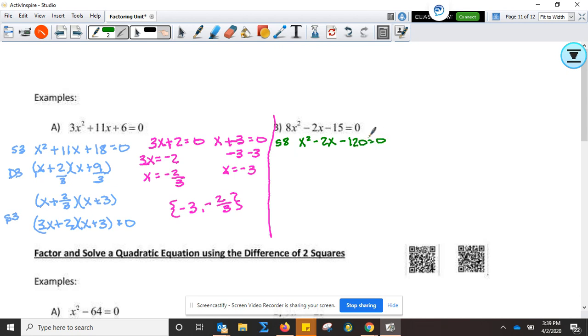All right, so that's going to be x minus 12, x plus 10. Now I'm going to divide by 8. X plus 3/2, x plus 5/4.